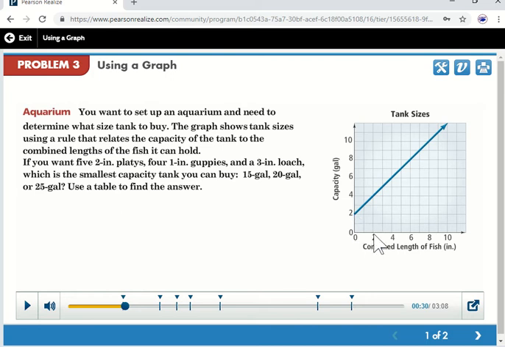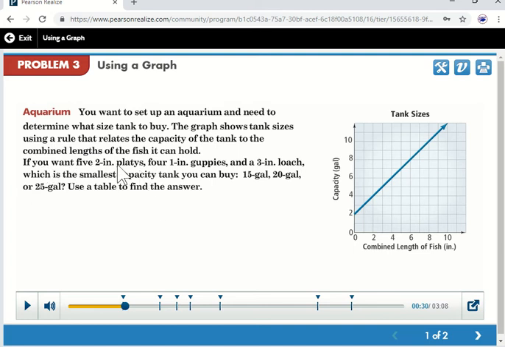But for 2 inches of combined length, we need 4 gallons. Then if you had 4 combined inches of fish, you would need 6 gallons in your tank. 6 inches of fish means 8, and so on and so forth.